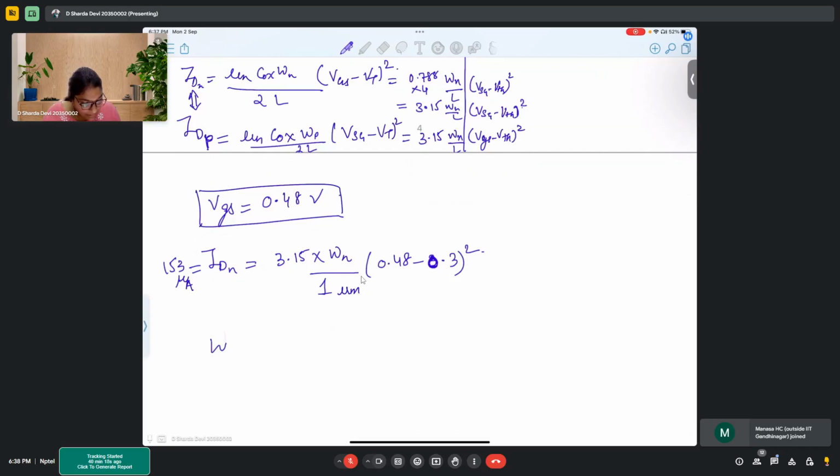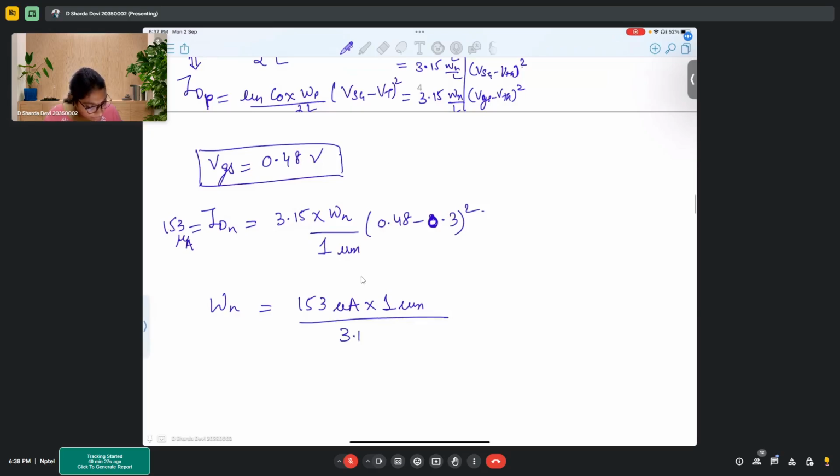So by solving this, Wn will become 153 microamps into 1 micrometer by 3.15 milliamps per volt squared, and by 0.18 square.